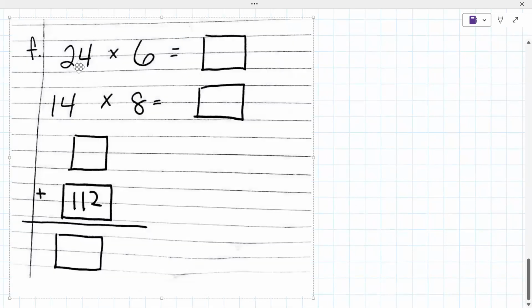So we're going to go top to bottom, left to right. 24 times 6, what does that become?